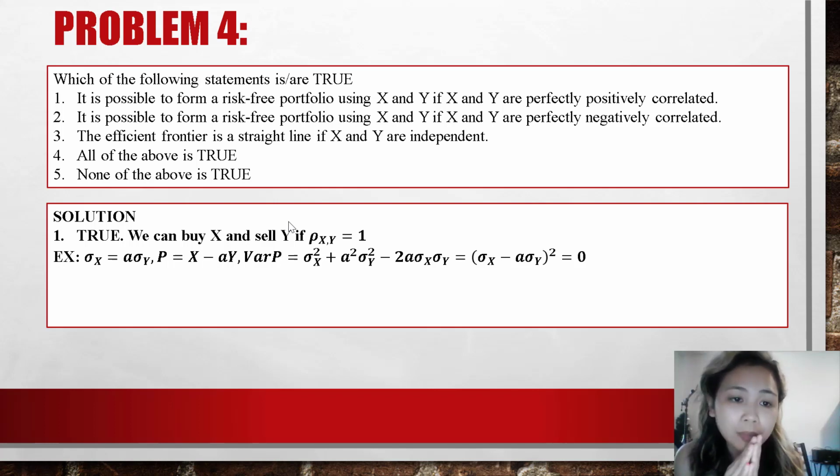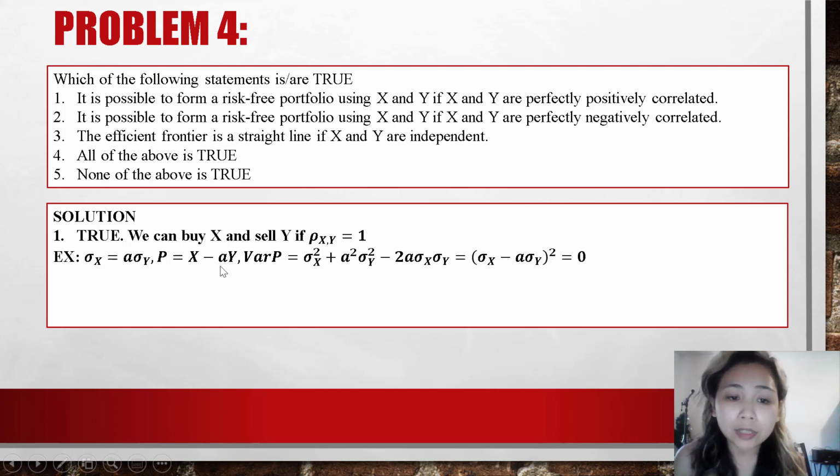Maybe 0.3, maybe 1.6, maybe 1.7, whatever. For any pair of numbers you can find this number A, right? Now I'm going to set a portfolio by buying 1 X and selling A Y. So the portfolio P is equal to X minus AY.